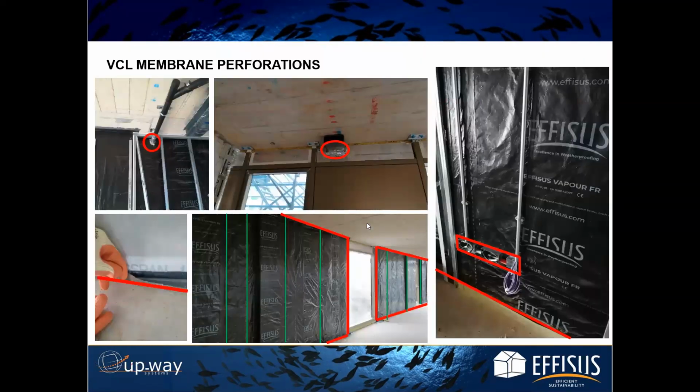Also very important are the VCL perforations. As you know, we can find many MEP perforations at site, and if you don't know exactly how to seal them, you're going to compromise the quality and efficiency of your facade. Because if you don't seal these perforations perfectly, there is always going to be some vapor migrating from the inside to the outside.